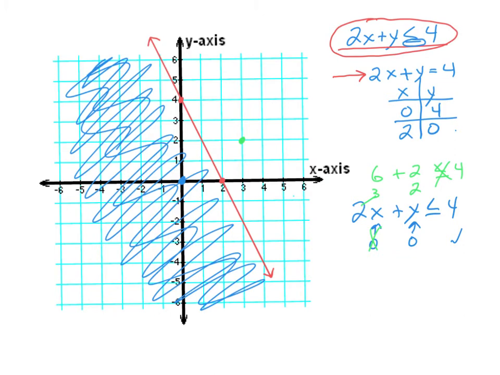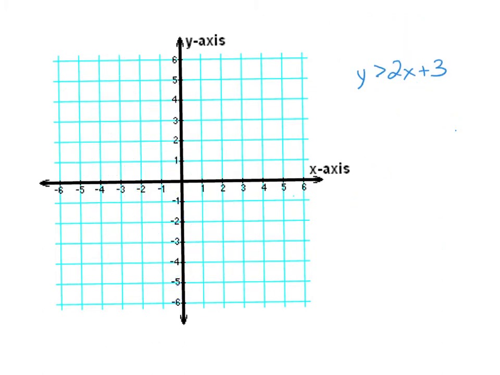So that shows that that point does not work. If that point doesn't work, none of the points on that side are going to work. Oftentimes people call the line that I drew the boundary line, separating the points that do work and the points that don't work.